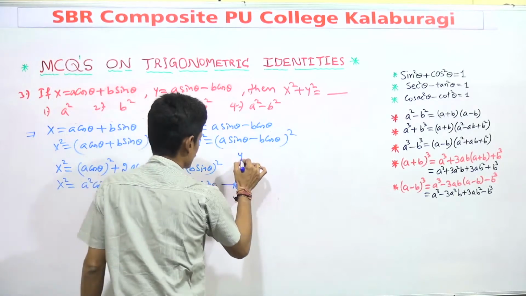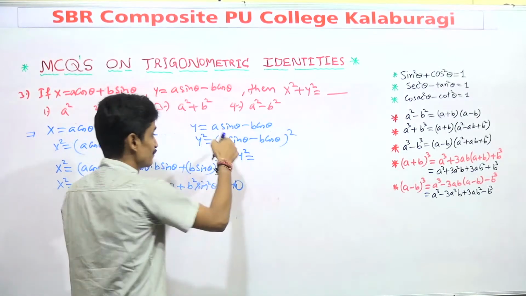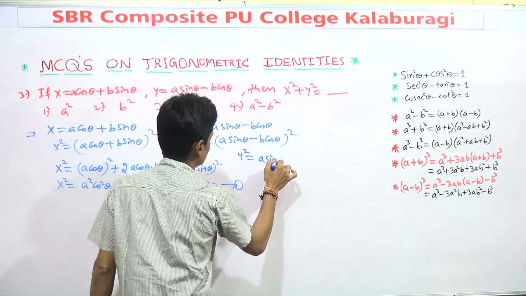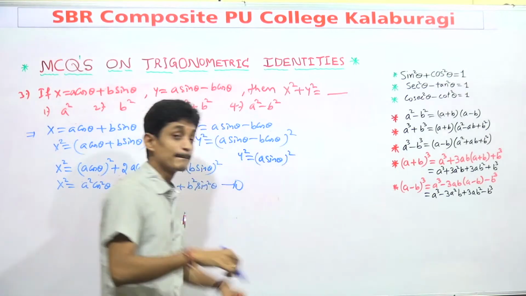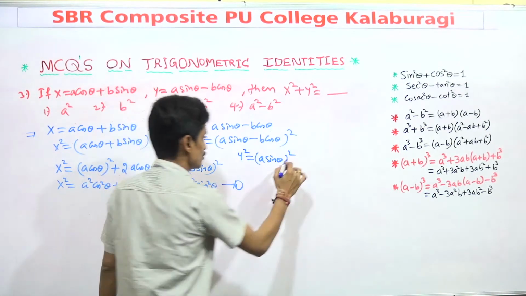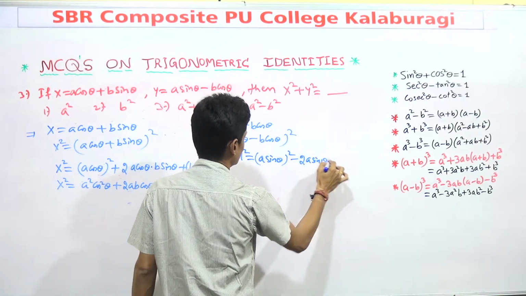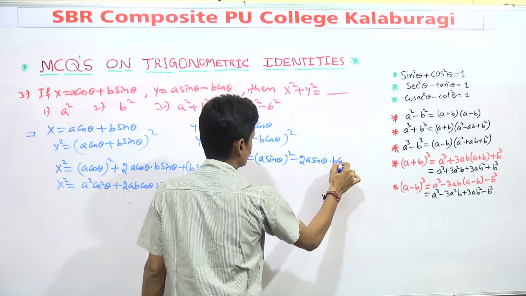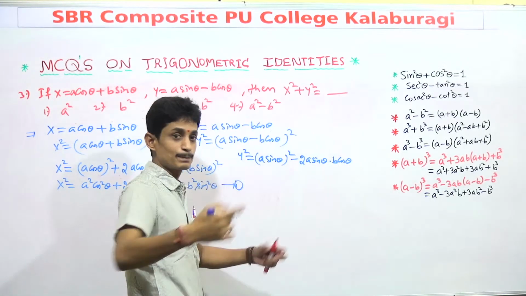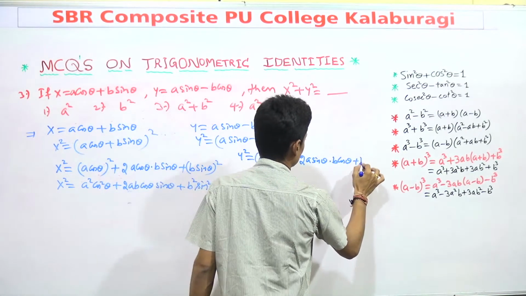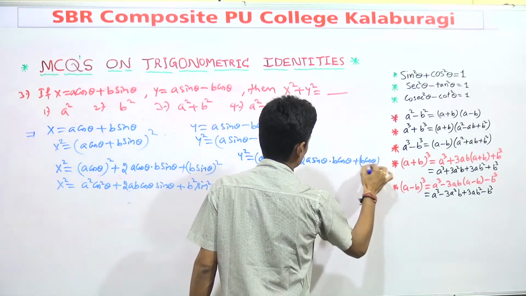First term a square is (a sin theta) whole square. Middle term minus 2ab: minus 2 times a sin theta into b cos theta, plus b square, that is (b cos theta) whole square.